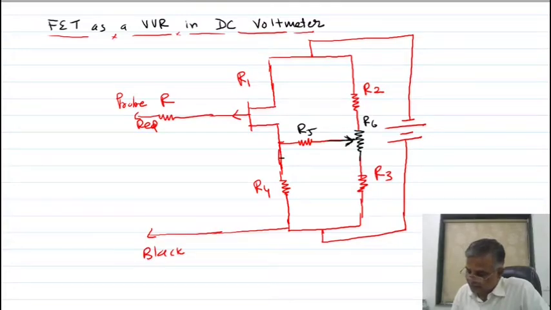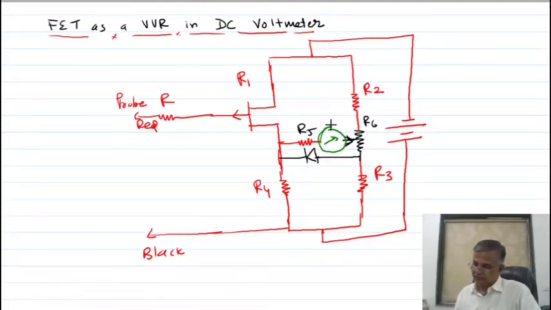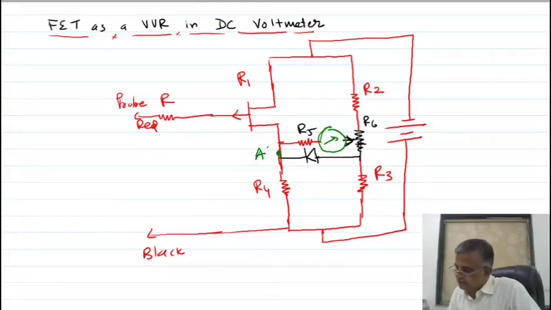This is used for the protection of the meter. This is your meter, with the help of which you can measure your voltage. Let me say this point is the A point and this point is the B point.